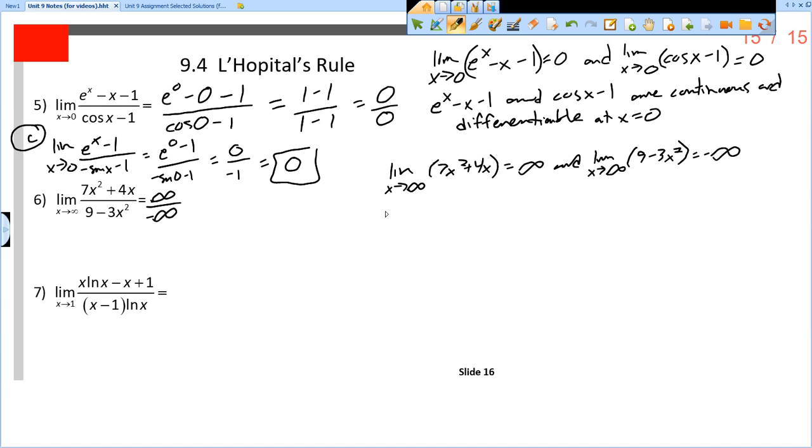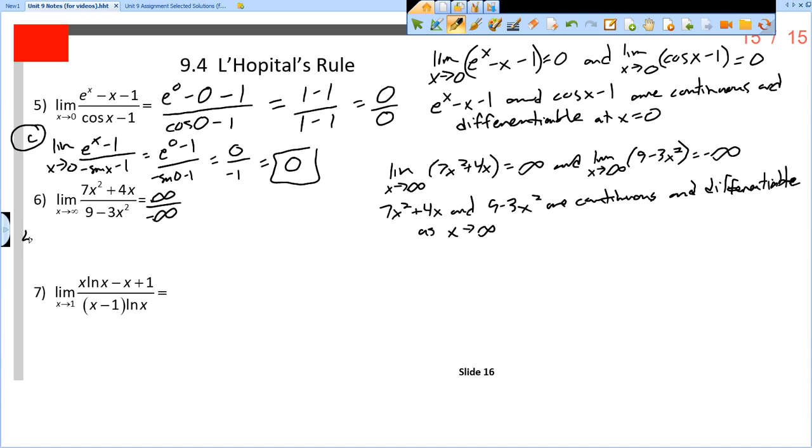Then we also must state that 7x squared plus 4x and 9 minus 3x squared are continuous and differentiable as x approaches infinity. Now we can use L'Hopital's rule.